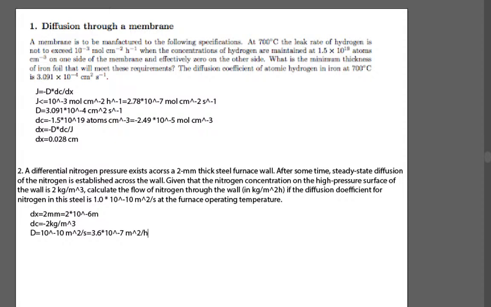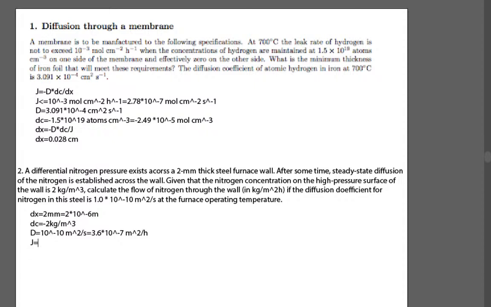So we just need to plug it into our formula to find what J is, which is the flux or the flow of nitrogen. That would be 3.6 times 10 to the power of negative 7, and then you need to multiply that by 2 divided by 2 times 10 to the power of negative 6.